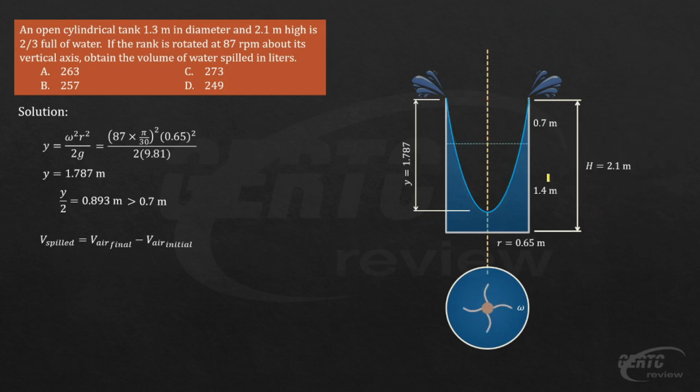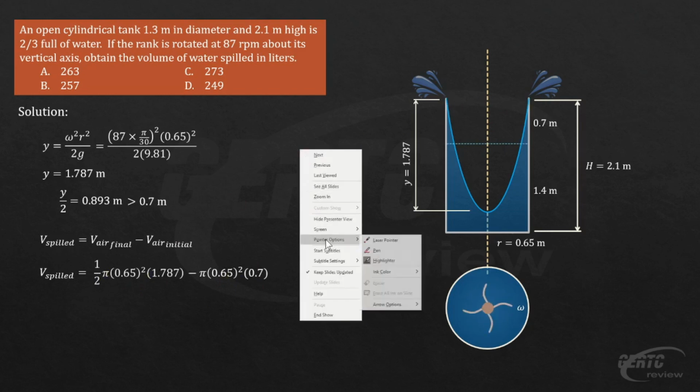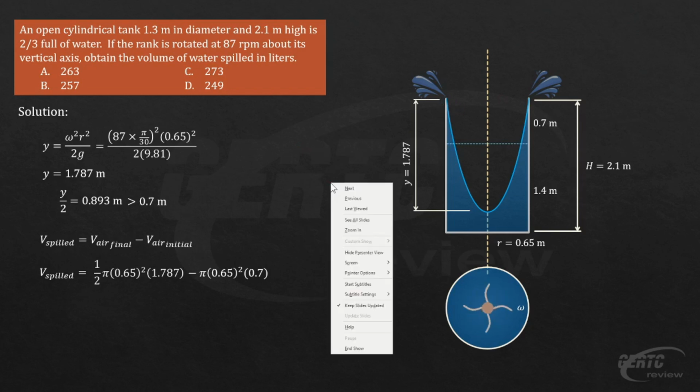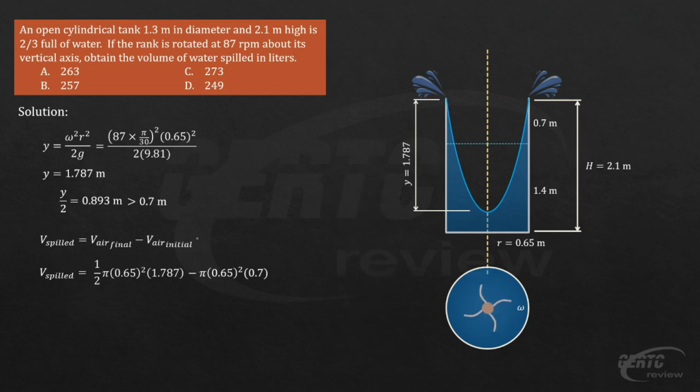The final volume of air is equal to 1/2 pi r squared times 1.787. That is the paraboloid. The initial volume of air is pi r squared times 0.7. That is just a cylinder, the one on top. That is the initial volume of air.